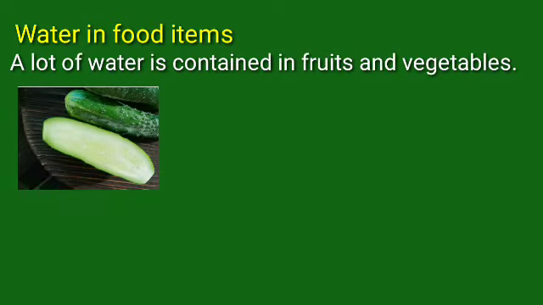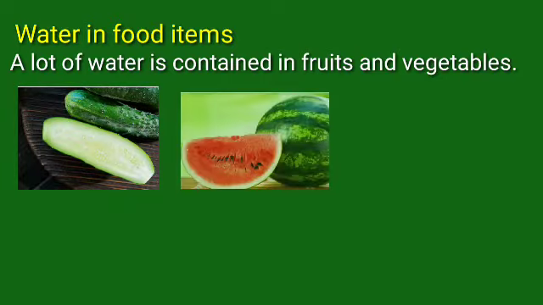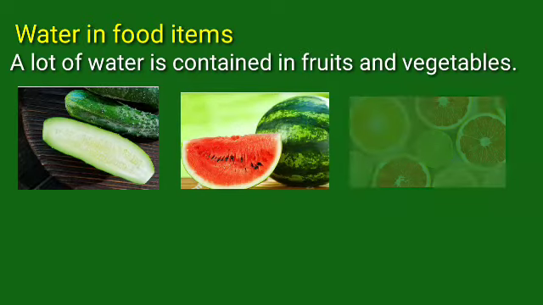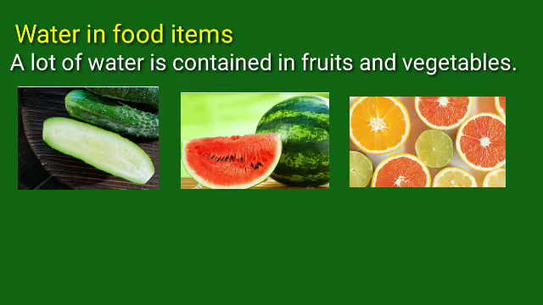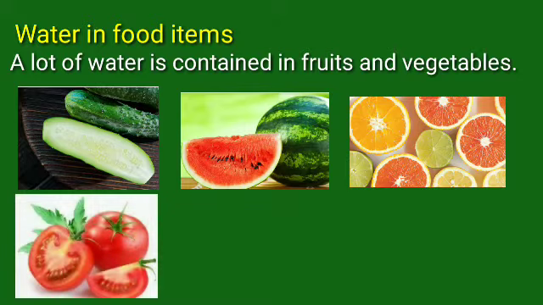Okay. Next is water in food items. Lot of water is contained in fruits and vegetables. Have you noticed it? For example, cucumber. When you cut, you will see lot of water. Watermelon, lemons, right?